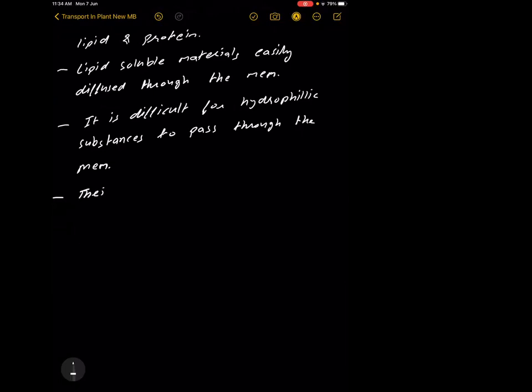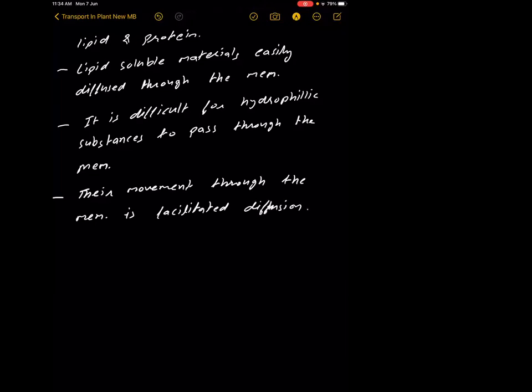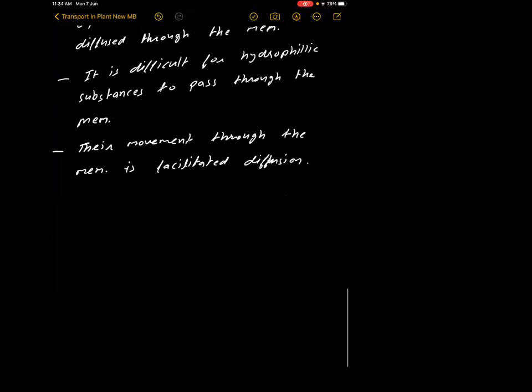Their movement through the membrane is facilitated diffusion.